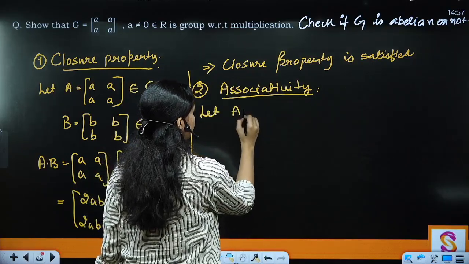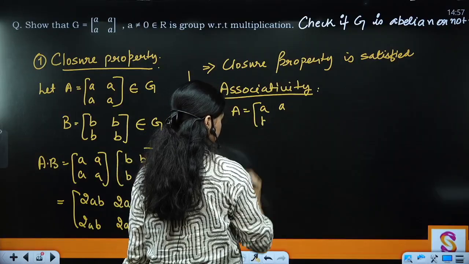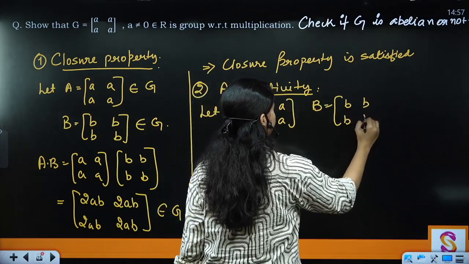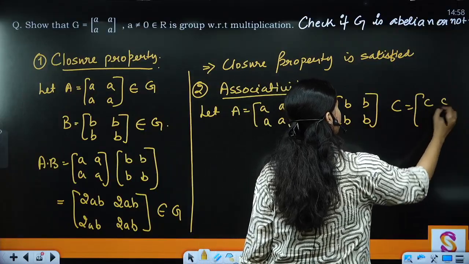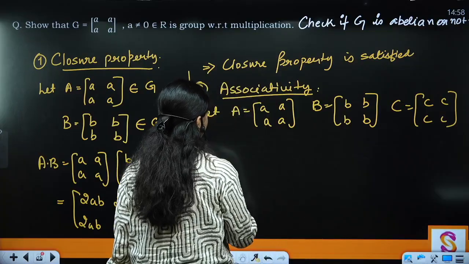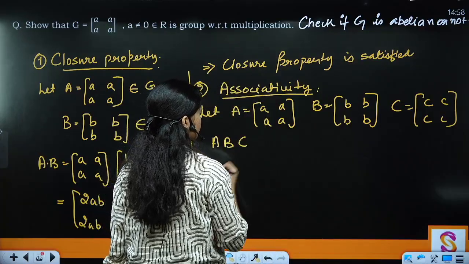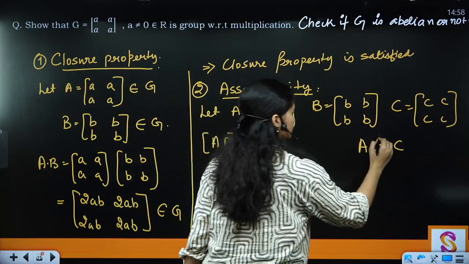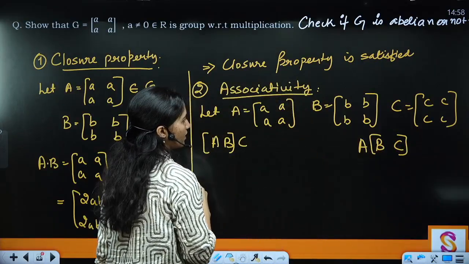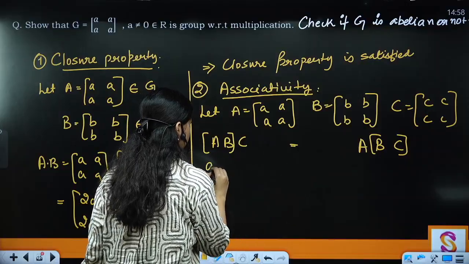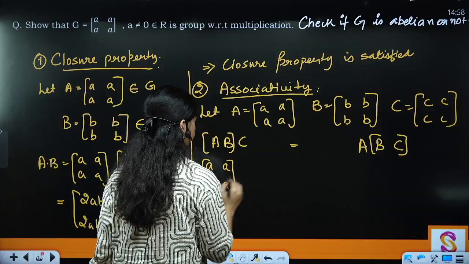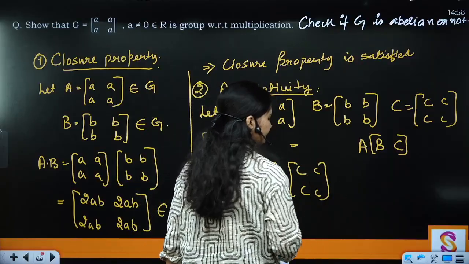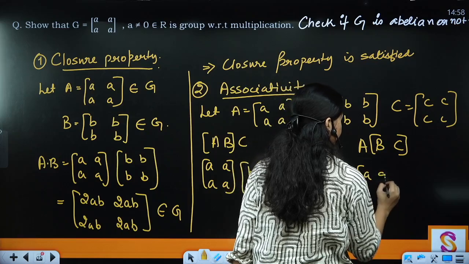Let A equal [a a; a a], then B equal [b b; b b], then you have C equal [c c; c c].